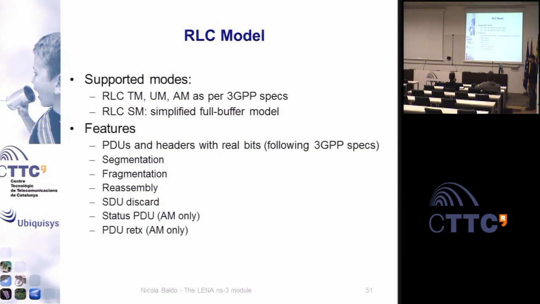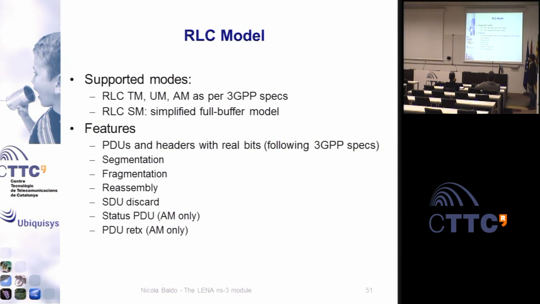There are some simplifications, like currently we do not support the resegmentation for PDUs being retransmitted, because when we were developing this we had to introduce some simplification, but we are probably going to add this feature because we feel that in some scenarios otherwise the simulation would not behave correctly.